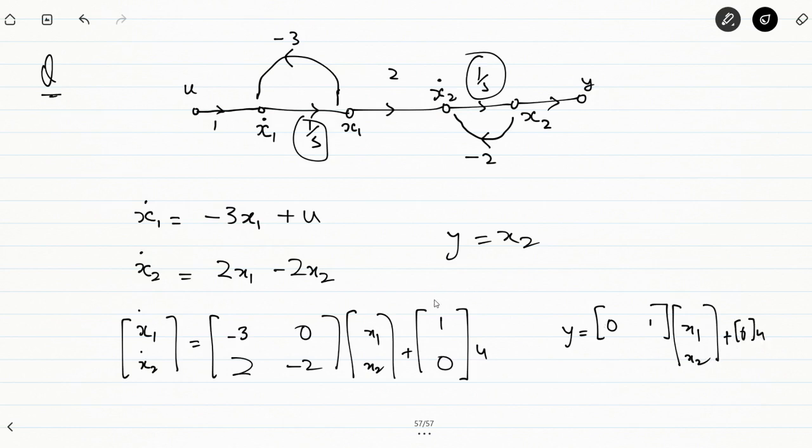So this is your state space model from a signal flow graph. So in case of a signal flow graph that consists of an integrator term, after the integrator we can represent the variables as x1, x2, the state variables, and their derivative form will be obtained prior to the integrator. So this example is fairly simple enough.